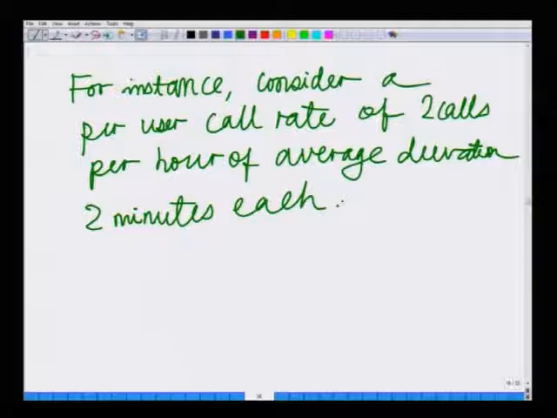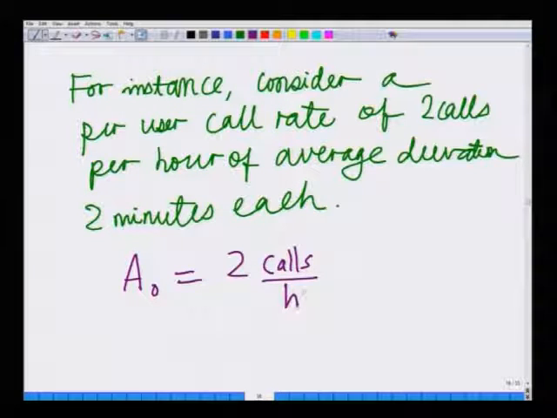The traffic per user, A naught, is now nothing but the call rate, which is 2 calls per hour, into the average duration, which is 2 minutes.